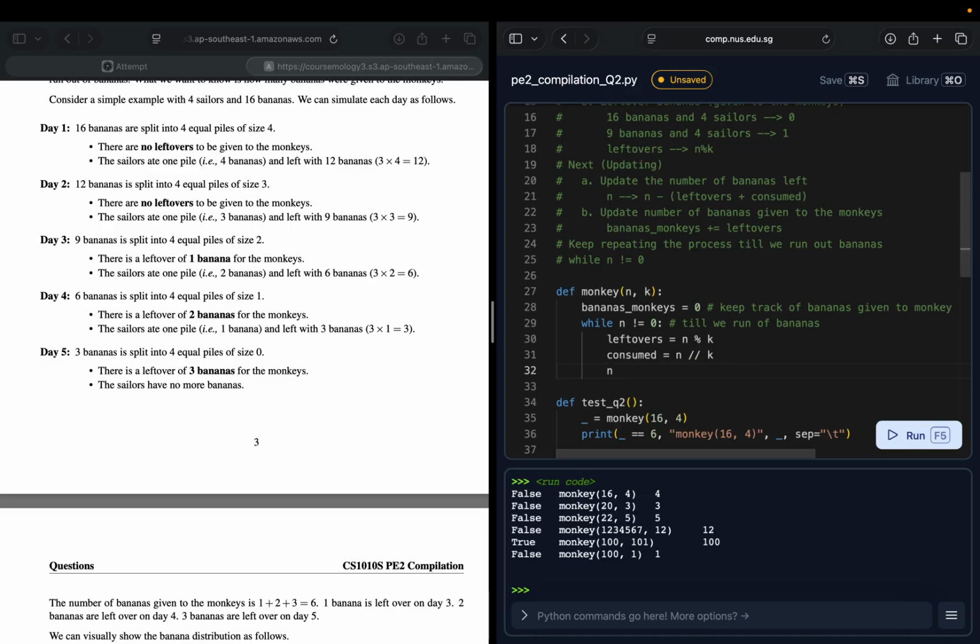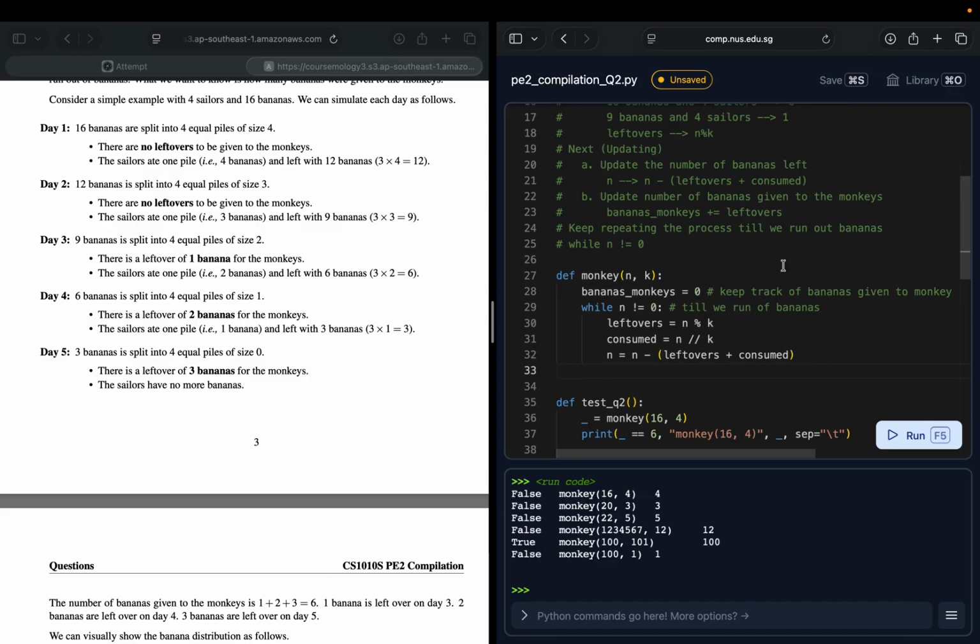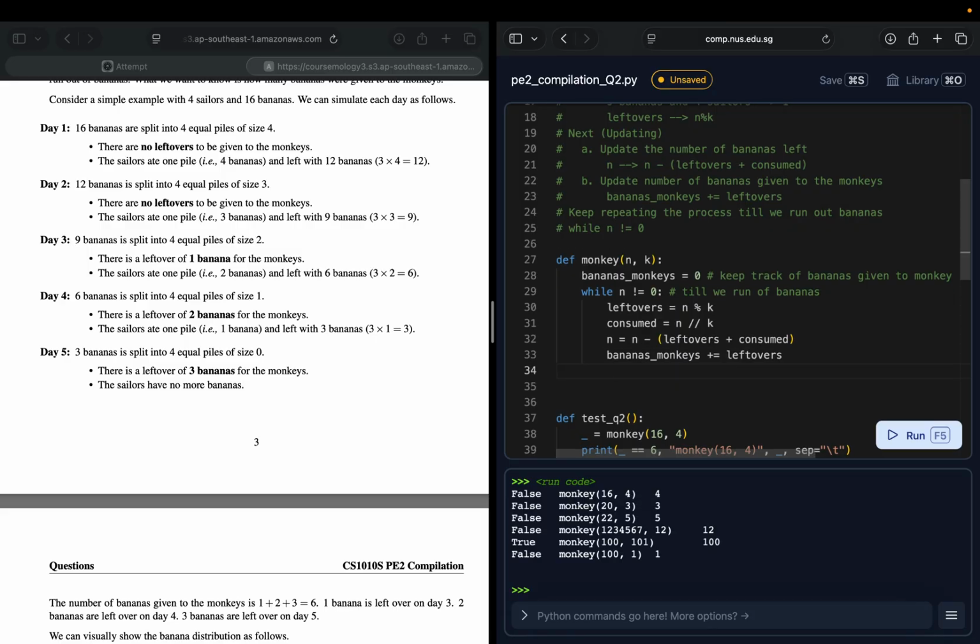Then we can update n to being this, and we already wrote the code for this, and we'll update the number of bananas which are given to the monkeys with the leftovers variable. At the end of this loop, we'll know exactly how many bananas were given to the monkeys, which is stored in the variable which we created and were updating throughout the loop.